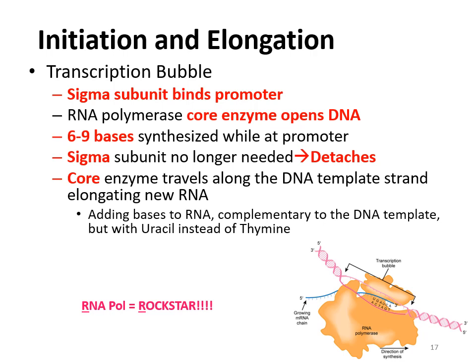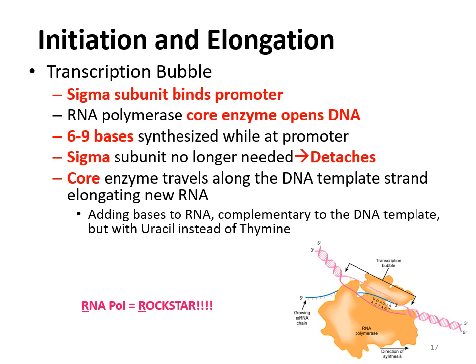Okay, so this is just another recap of initiation and elongation with a couple of extra details. So basically what happens is sigma sees the promoter of the DNA, it binds, and the core enzyme will then open up the DNA. 6 to 9 bases will be synthesized while at the promoter, and then at that point sigma is no longer needed, and so it pops off, whereas the core continues elongating the new RNA strand.